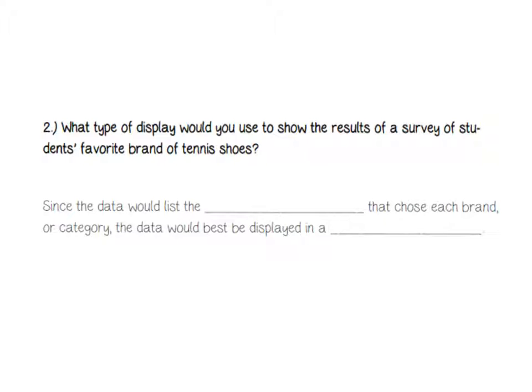Number 2 asks us, what type of display would you use to show the results of a survey of students' favorite brands of shoes? When it's talking about the display, it's saying what type of graph, how would you represent the data? And the data is going to show the students' favorite brands of tennis shoes, so you're going to think there's going to be more than one brand.